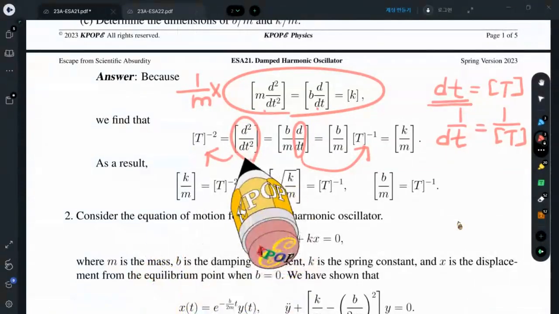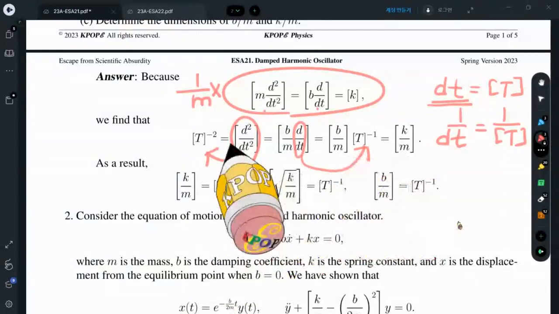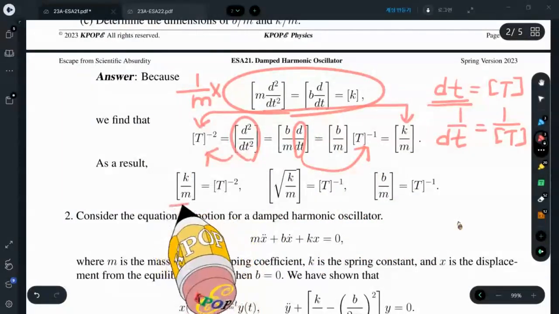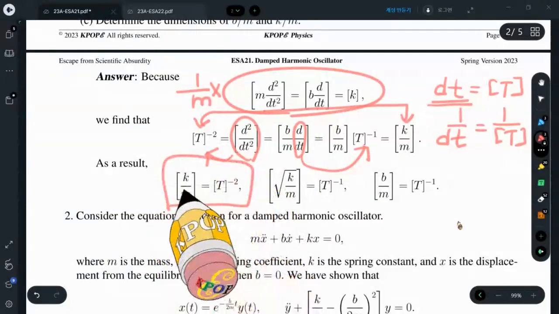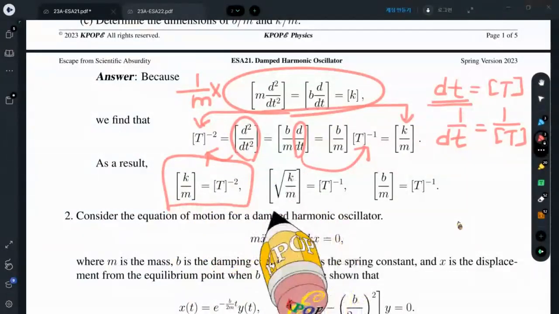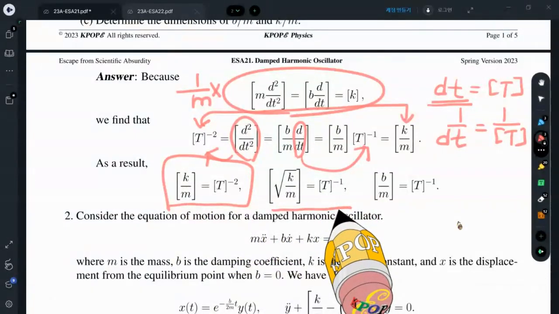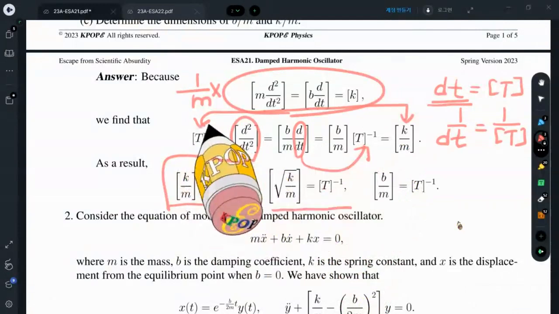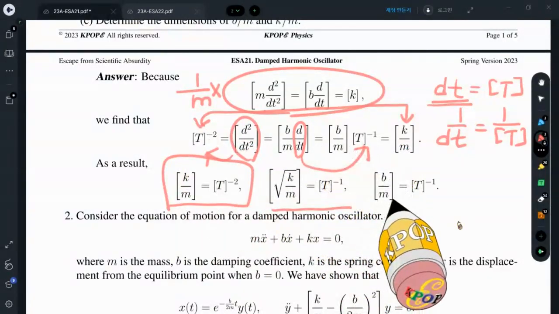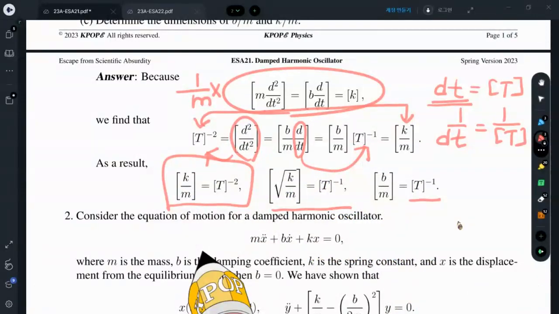As a result, I can determine this one is the same as this. And if I take the square root of k over m, it is 1 over time. Similarly, if I cancel this single power, then b over m is again 1 over time.